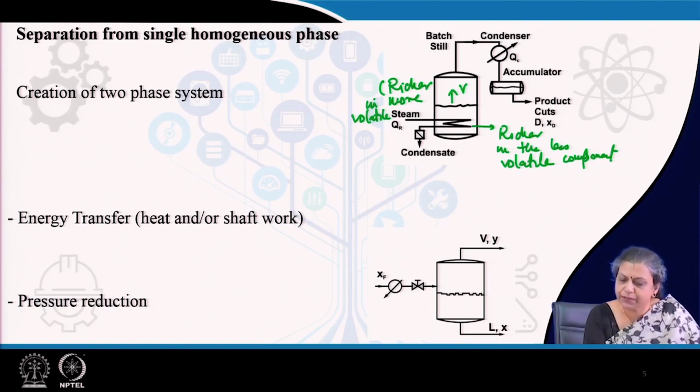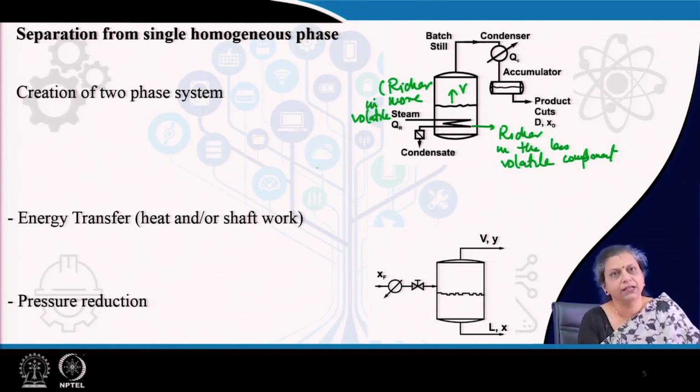This vapor rises up, is condensed and collects in the accumulator where we receive a product. Quite naturally, this product is richer in the more volatile components and it leaves behind another product in the still which is richer in the less volatile component.